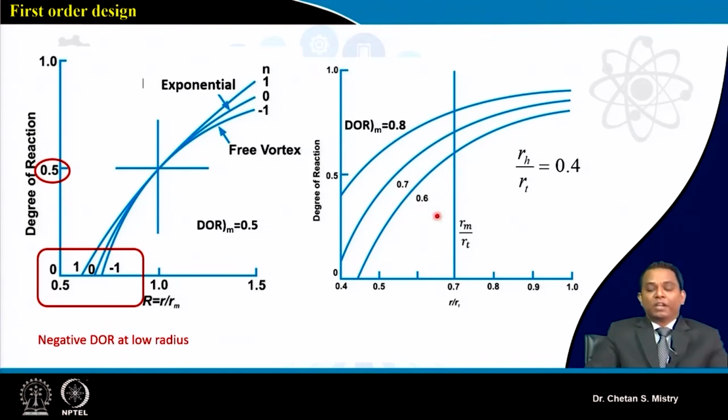Suppose I increase my degree of reaction from 0.6 to 0.8. I realize that when I increase my degree of reaction to a higher value, the chances for my degree of reaction to go to a negative or maybe zero value are less.